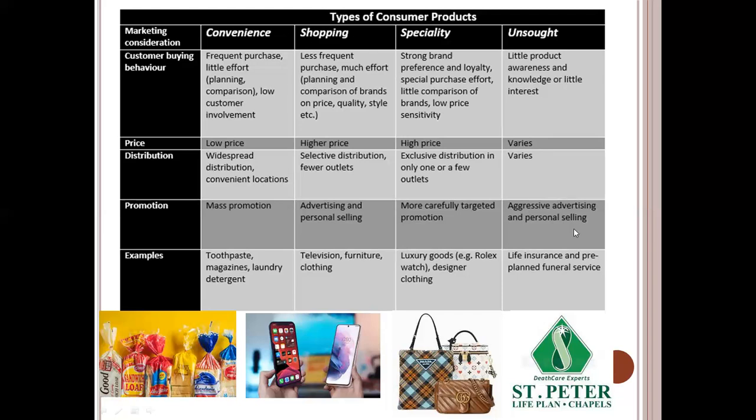And there is aggressive advertising happening and personal selling because you are informing your consumer about your product or service, and you need to sell a lot because it is not needed by a buyer until they realize they need them. Examples of this are life insurance and pre-planned funeral service. An example is St. Peter Life Plan Chapel. They offer pre-planned funeral service.